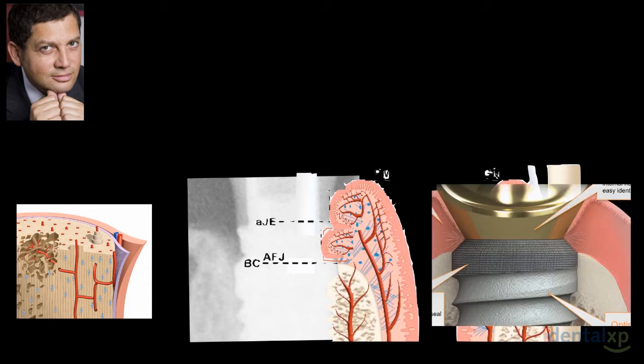Now, when we look at these modern surfaces, it's very interesting that we can use this kind of implant and place it at the level of the bone, below the level of the bone, or above the level of the bone, as we know that these surfaces have a dual function, also having a connection at the soft tissue, but also achieving osseointegration when this implant is placed under the osseous crest.